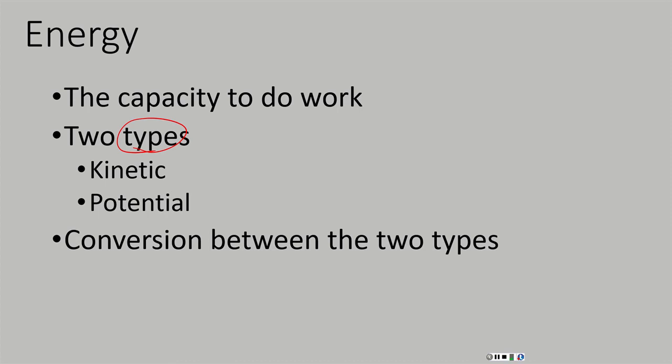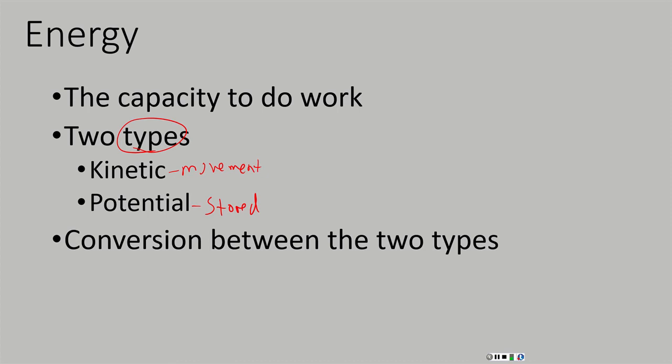Potential energy is stored energy. And we can convert between the two. Let me write this out, so in case there was any confusion, I apologize for that. Kinetic is movement, potential is stored, and we can convert between the two types.